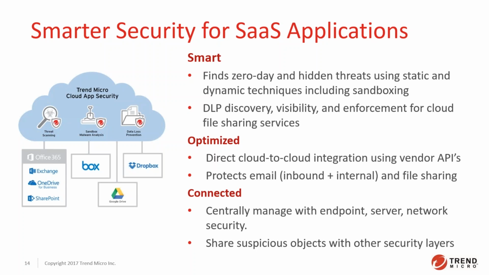On the storage side, you can use this for Dropbox, Google Drive, or Box. It is API driven, so you don't have to change anything in your MX record or anything like that. It's connected to these accounts using APIs, so no changes are required. It just sits on top of those products, and it does scanning.